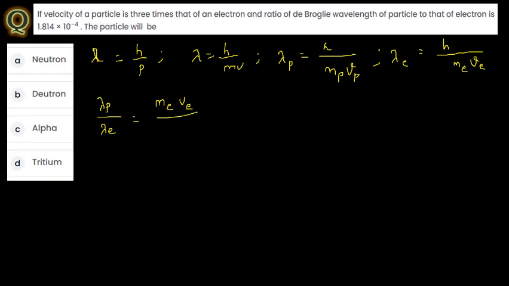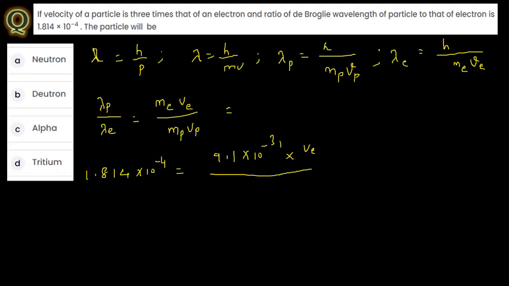See, I didn't put all the steps here. I just shortcut this one. You just find out this one. Mass of proton and velocity of proton. See, from this one, the ratio they have given here is 1.814 into 10 to the power minus 4. That will be equal to the mass of electron, 9.11 into 10 power minus 31, and the velocity of electron, divided by the mass of the particle, mp, into 3 times the velocity of electron, since the velocity of the particle is 3 times the velocity of electron.